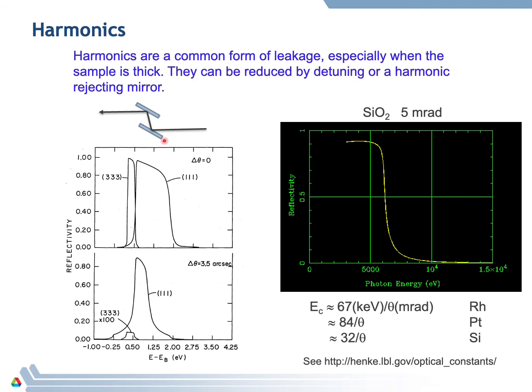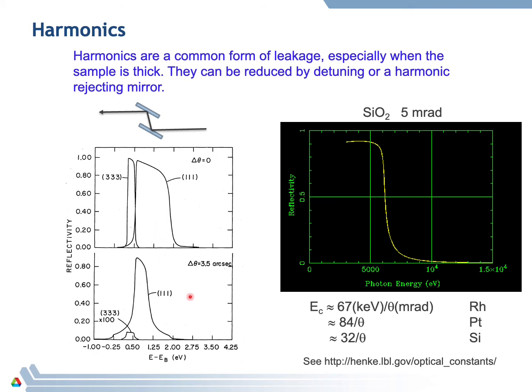And if they're perfectly aligned, you see the 111 reflection, but you also get the 333, and there'd be 444, 555, which I didn't plot on here. But you can see that the 333 intensity is quite significant compared to the 111. If your synchrotron is putting out higher energies at this energy, then you could have quite a bit of leakage just from the monochromator harmonics.